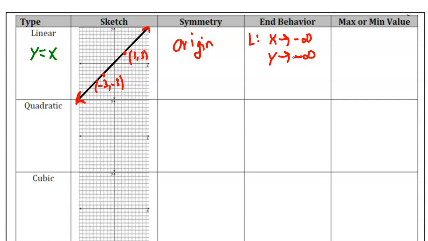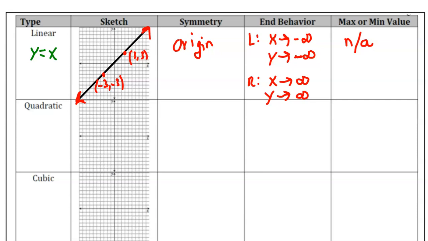And on the right side, that means x is approaching positive infinity. On the right side, y is going towards positive infinity as well. This thing here does not have a max or min value. It doesn't have a hump anywhere. Okay?